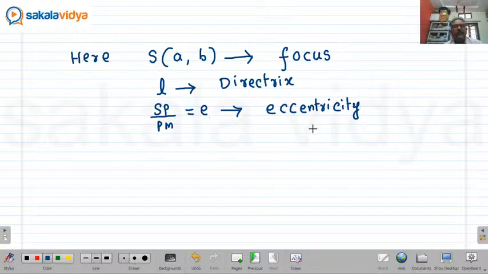Now we can discuss one more concept here. As per the E value, the nature of the conic we can find out.